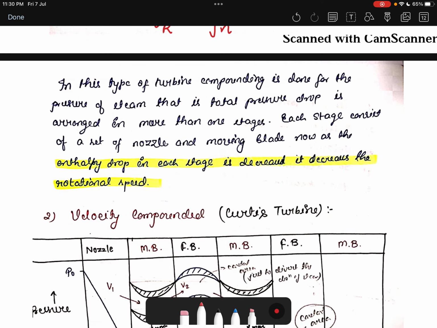So in this type of turbine, compounding is done for the pressure of steam. That is, the total pressure drop is arranged in more than one stage. Each stage consists of a set of nozzle and moving blade. Now as the enthalpy drop in each stage is decreased, it decreases the rotational speed.